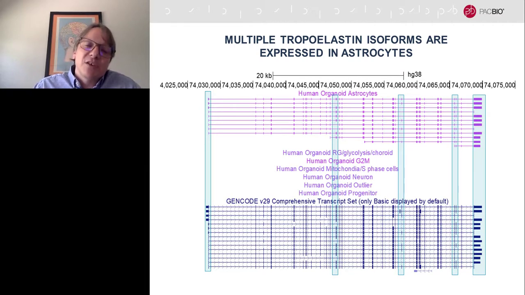And so with the single cell information, we could track exactly which isoform is in which cell, and then basically say, these are the isoforms that are being made. And instead of boiling them all together and just saying tropoelastin's on in astrocytes, now this says, no, it's not just on, it's making different isoforms in these cell types.